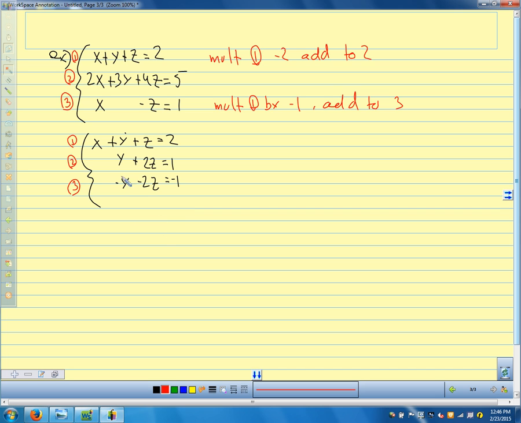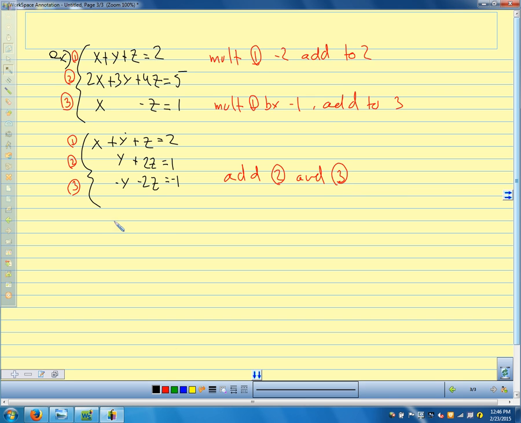So I got rid of this x here. How do I get rid of this y? What do I do to these two equations to get rid of this y? Since I have a positive here and a negative there, what do I do to them? Just add them together. And remember, we're replacing the third row by what we get when we add them together. So I'm going to add 2 and 3.